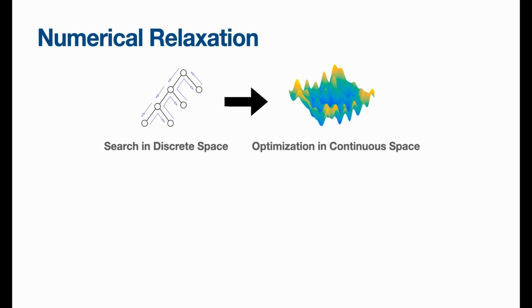The other technique, which is very common, and you would have seen something similar, is numerical relaxation. This is a technique where usually you reduce the problem of searching in a discrete space into an optimization in the continuous space. You would have maybe heard of how linear programming is much simpler than integer programming.